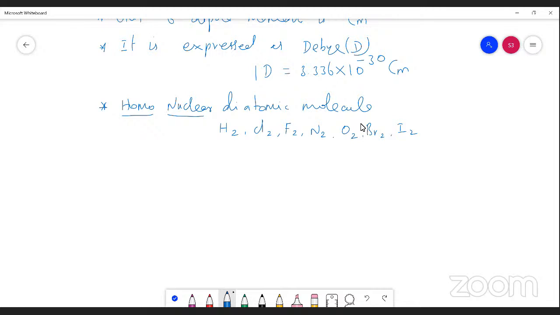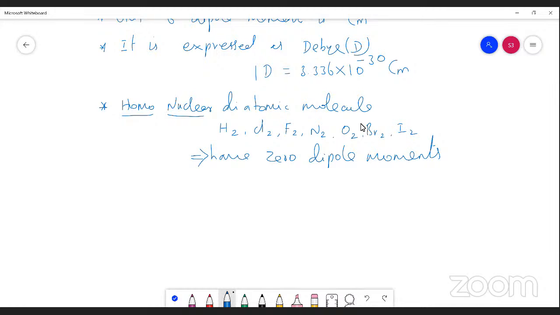These homonuclear diatomic molecules have zero dipole moments.